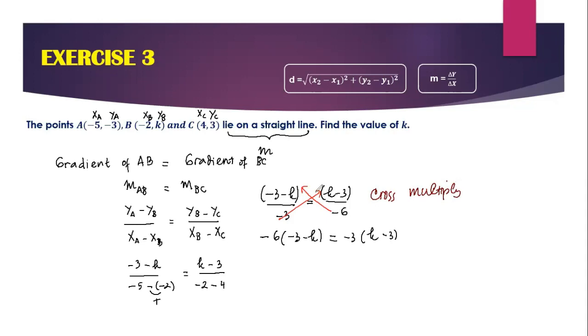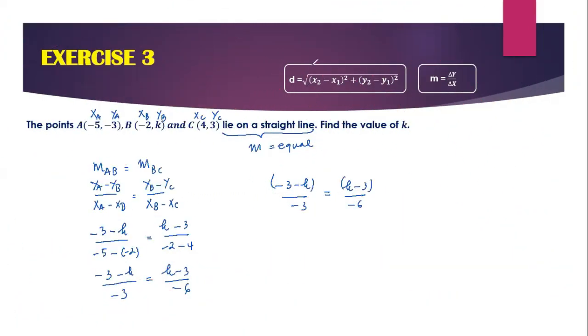Cross multiplication means, so minus 6 times minus 3 minus K equal minus 3, open the bracket, K minus 3.